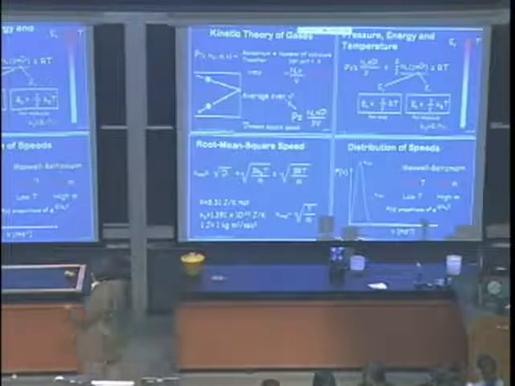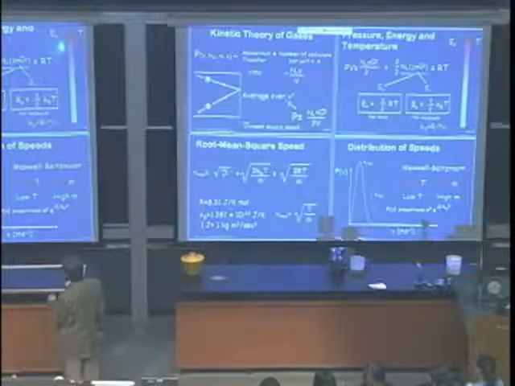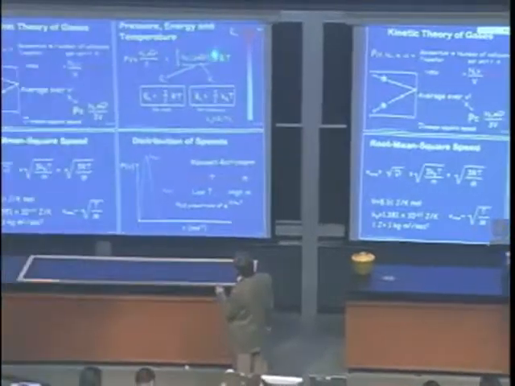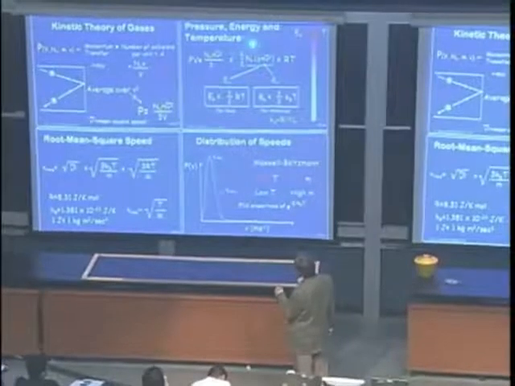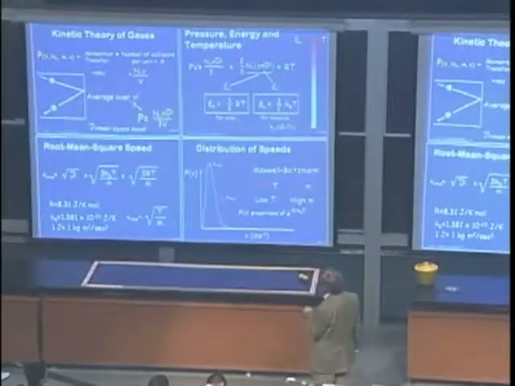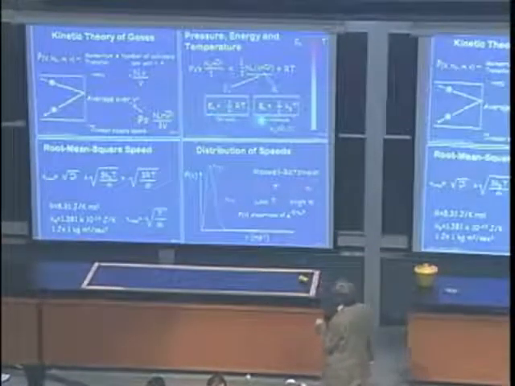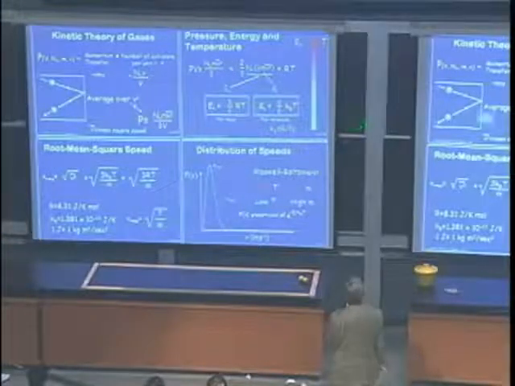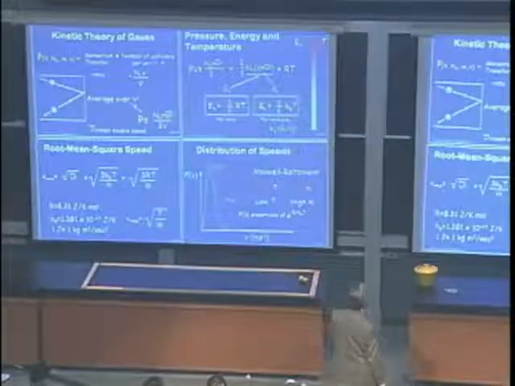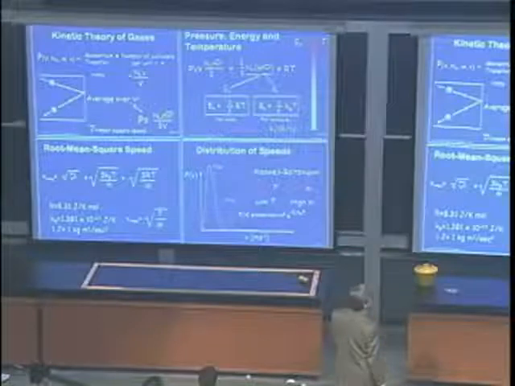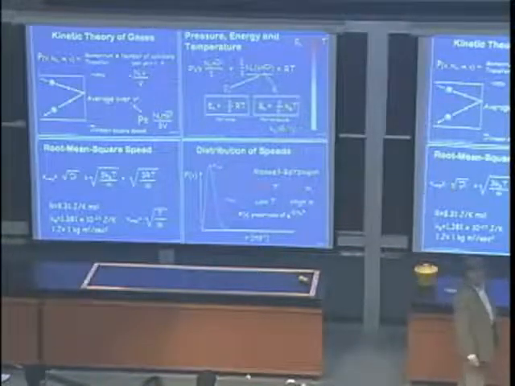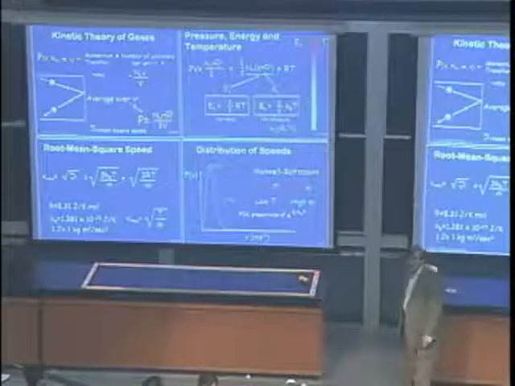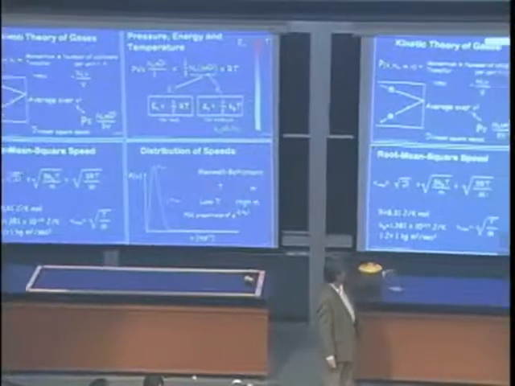I showed you that P times V is related to the mass and the velocity of that particle, and this equals RT. With this we have seen that the kinetic energy of one gas particle is 3/2 kB times T, and kB is a new constant.